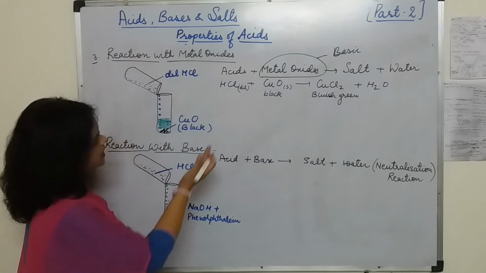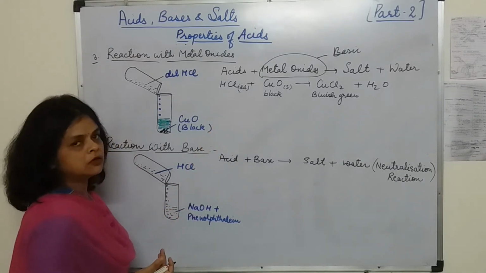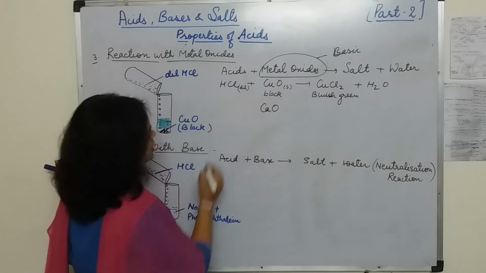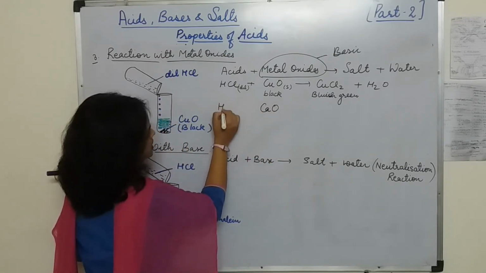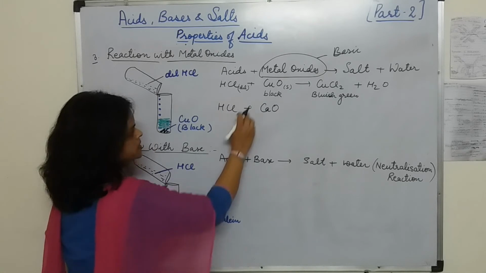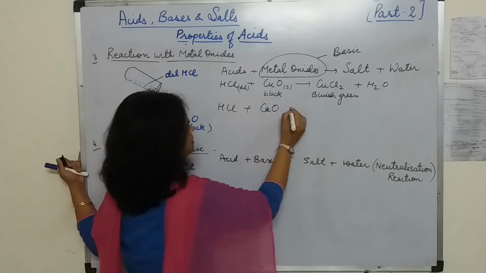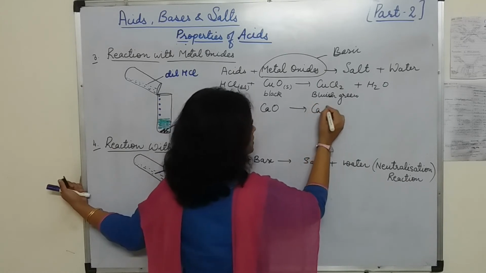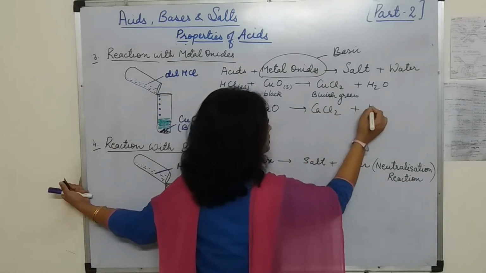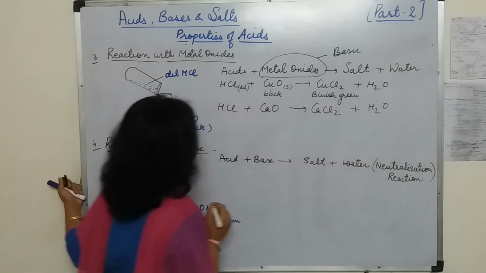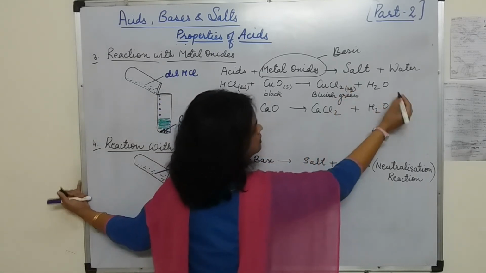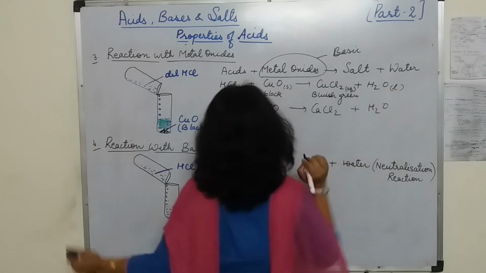Okay, now we can take other acids or metal oxides also. Suppose we are taking calcium oxide and here we are going to take the same acid, HCl. What is the product formed over here, students? Calcium and Cl. They will combine to form CaCl2 along with H2O. Here you will write down their physical state also, students.